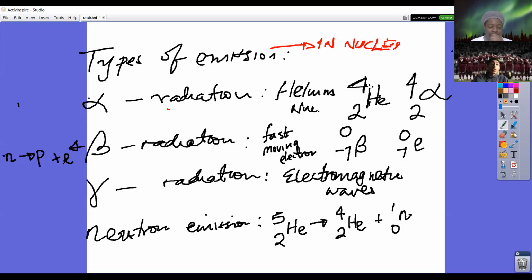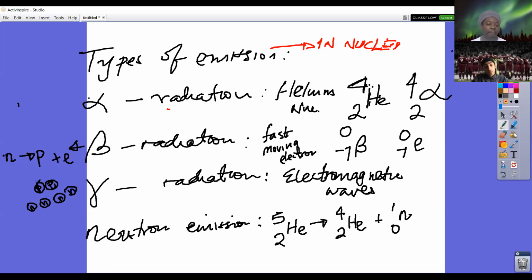It's because of the 1-to-1 ratio. Imagine a nucleus where you've got, say, 2 protons and 1, 2, 3, 4 neutrons.